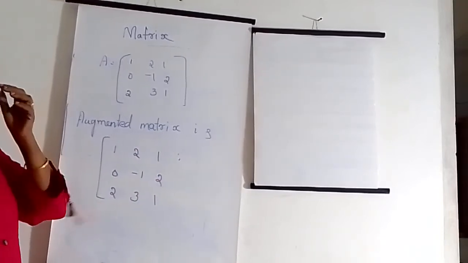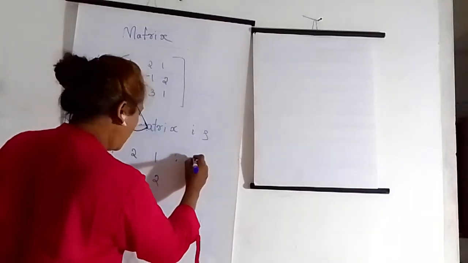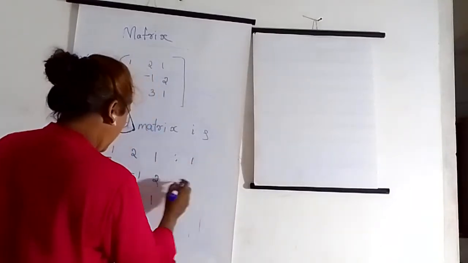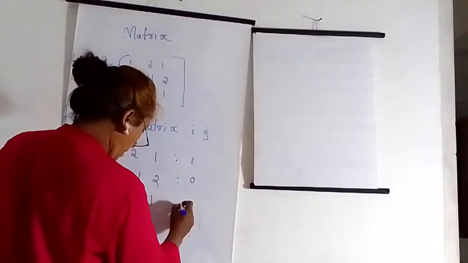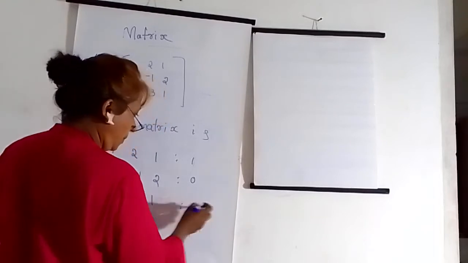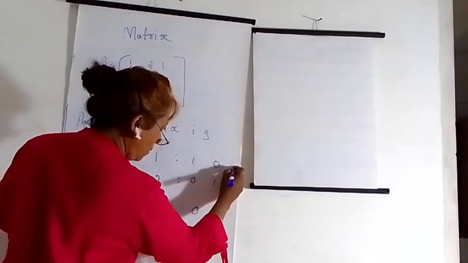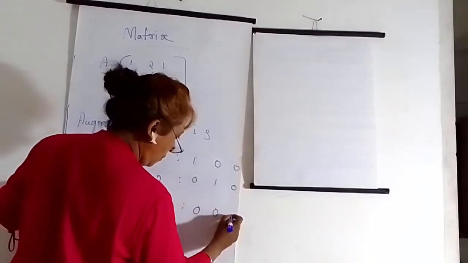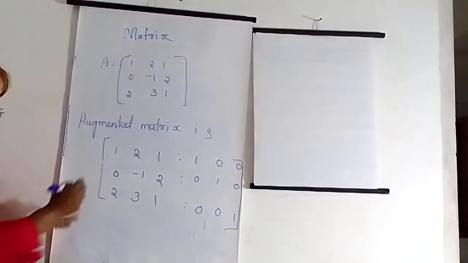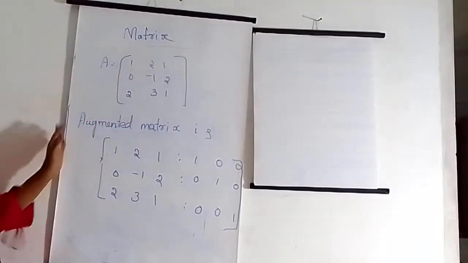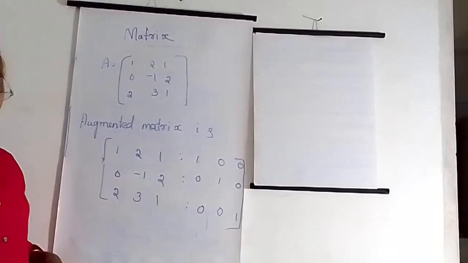This is a 3 by 3 matrix, so the first column is 1, 0, 0, then 0, 1, 0, then 0, 0, 1. This is the identity matrix for the matrix A. We write it together with the matrix, and we call it an augmented matrix.